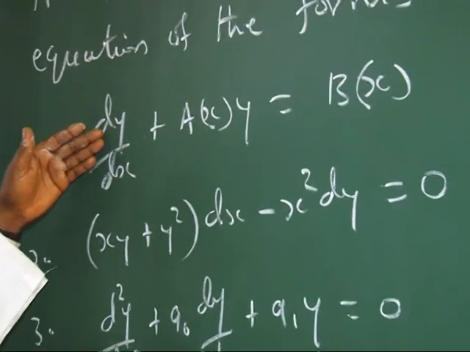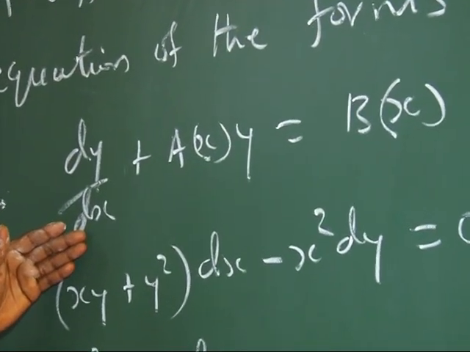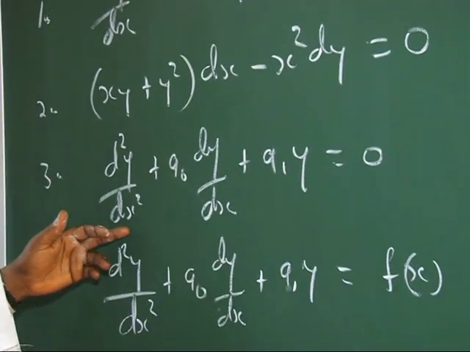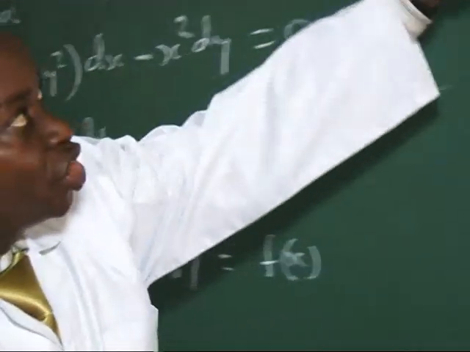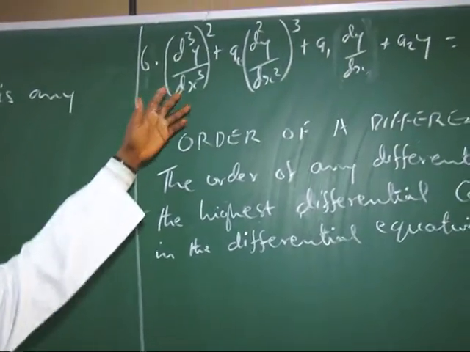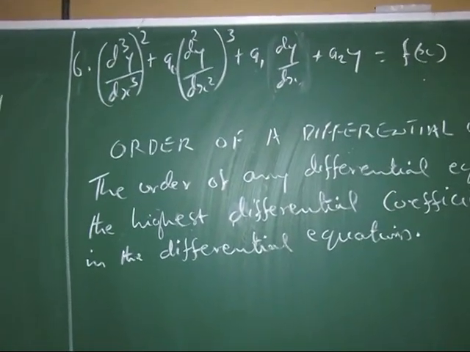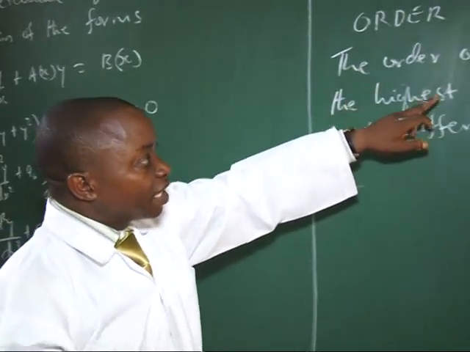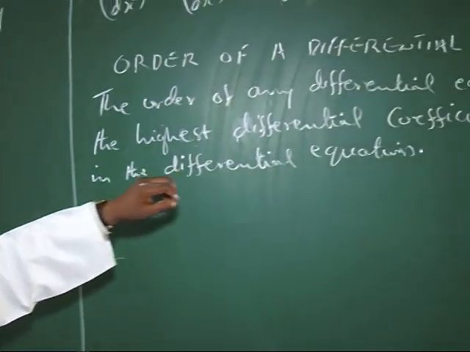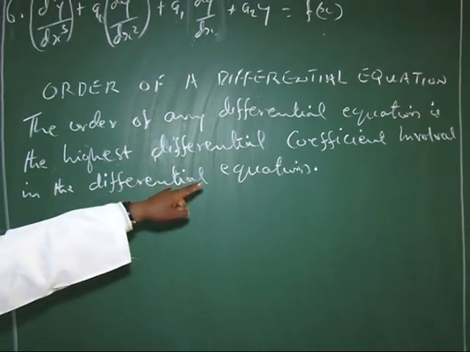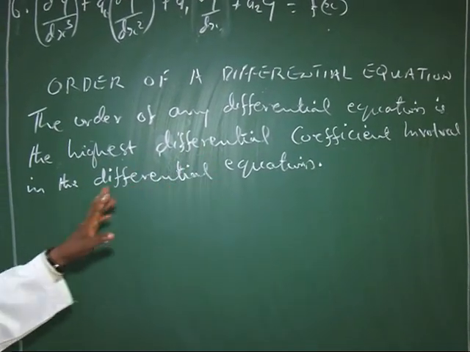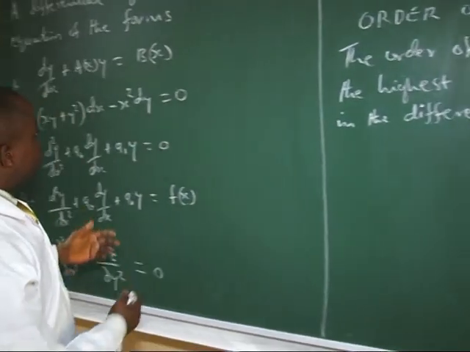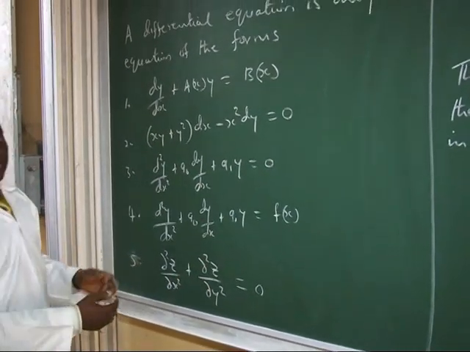We have dy/dx, even d squared y over dx squared, even d cubed y over dx cubed, all these are differential coefficients. Now what we are saying here is that the order of any differential equation is the highest differential coefficient involved in the differential equation. So let's look at the differential equations that we have listed.